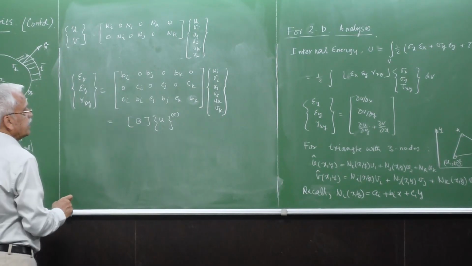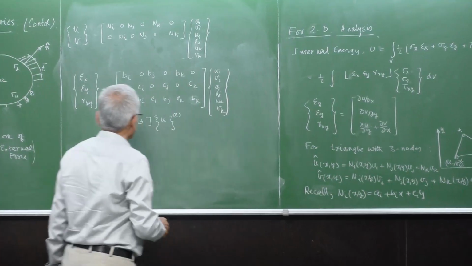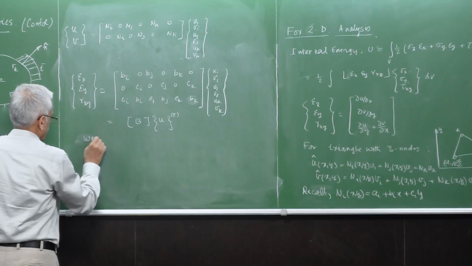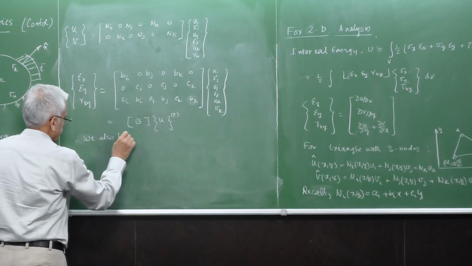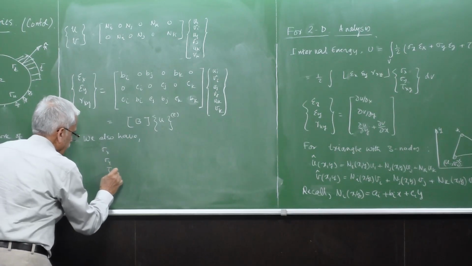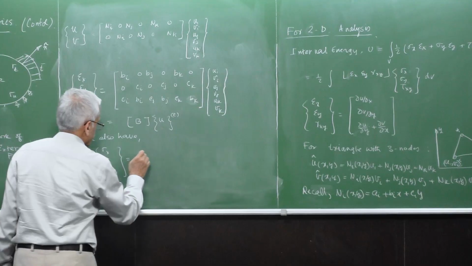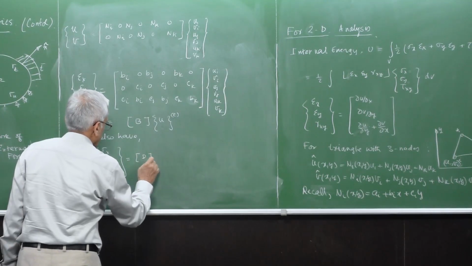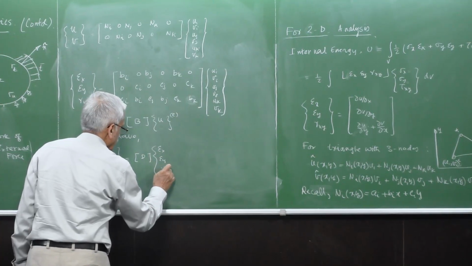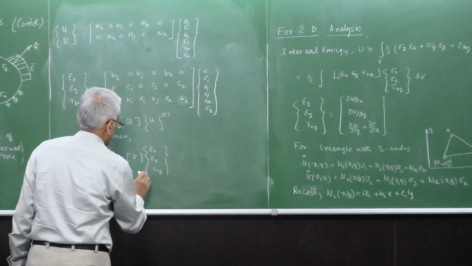And then what else do we need? We also need sigma x, sigma y, tau xy. So we simply write that we also have sigma x, sigma y, tau xy is D multiplied by the strain.